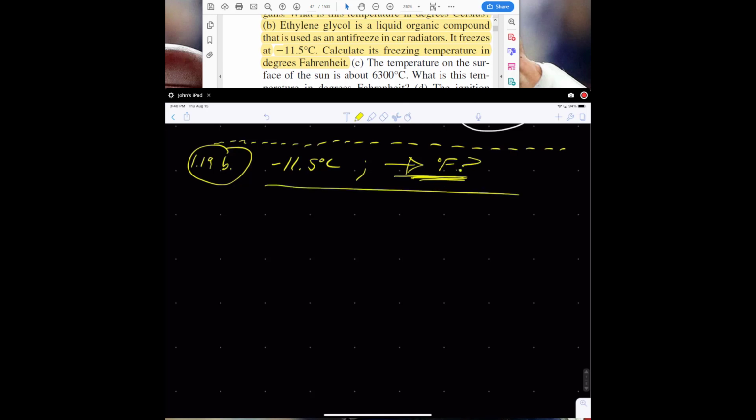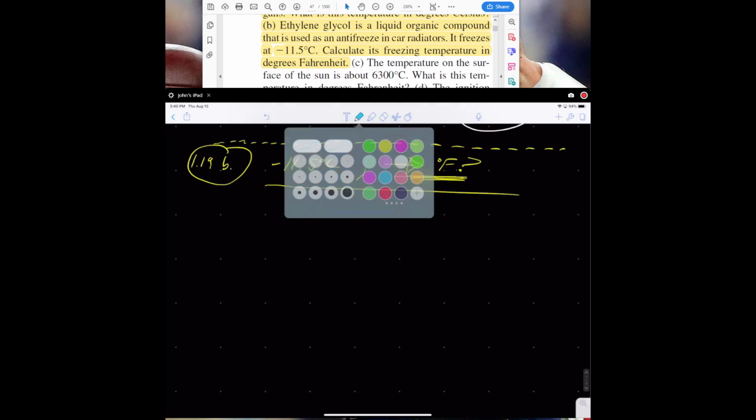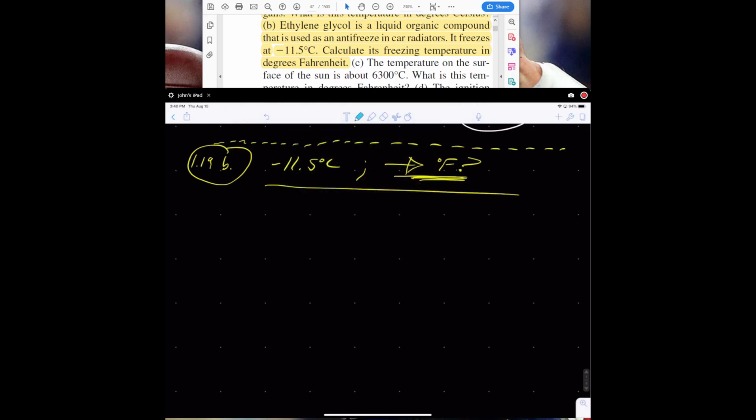So how we set this up, we have degrees Fahrenheit, that's what we want to solve for. We can fill in what they're giving us, negative 11.5 degrees Celsius times 9 degrees Fahrenheit over 5 degrees Celsius.